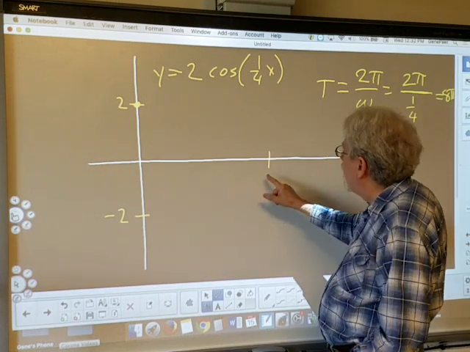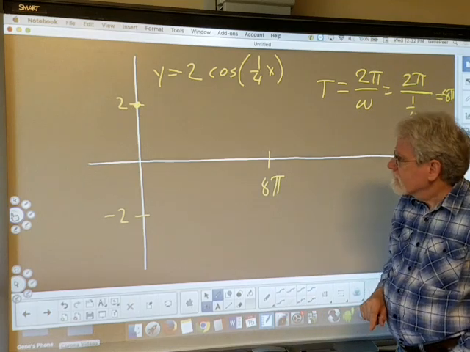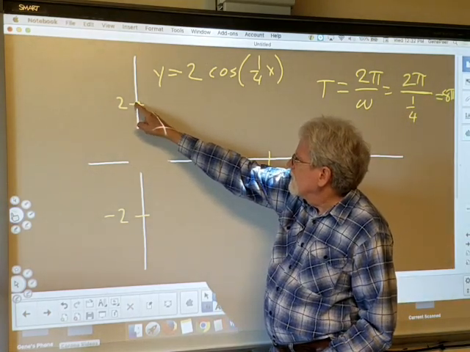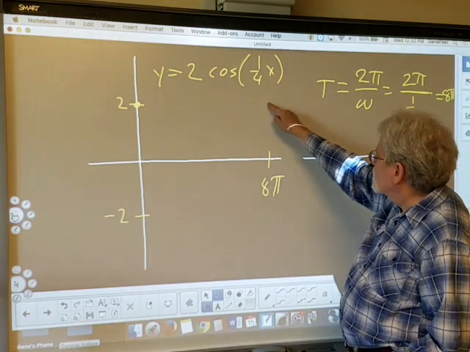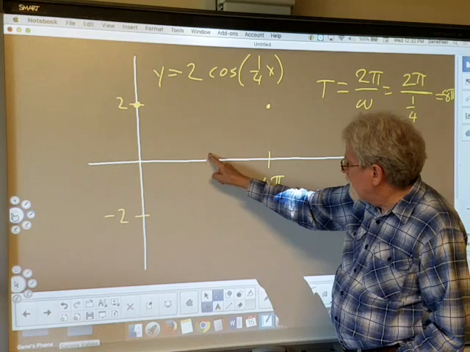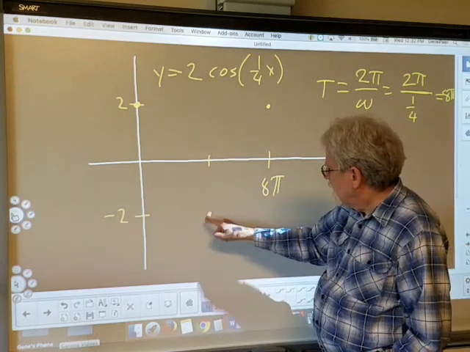It's a whopping wide function. 8 pi. So if it starts up here at a maximum of 2, it has to end up at a maximum of 2. Halfway between, which would be at 4 pi, it has to have a minimum of -2.